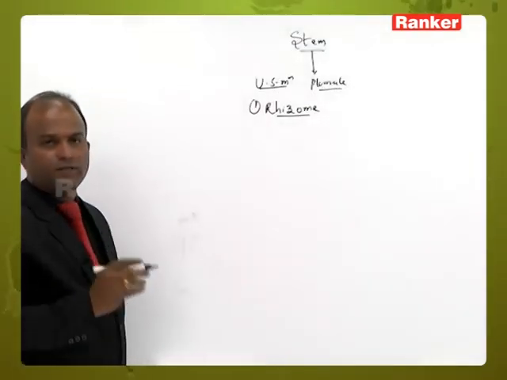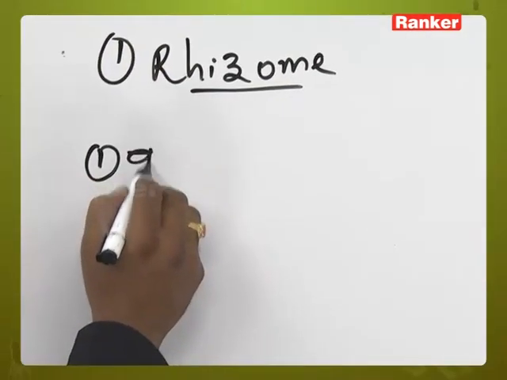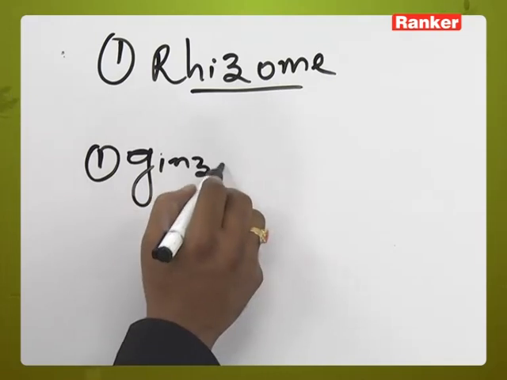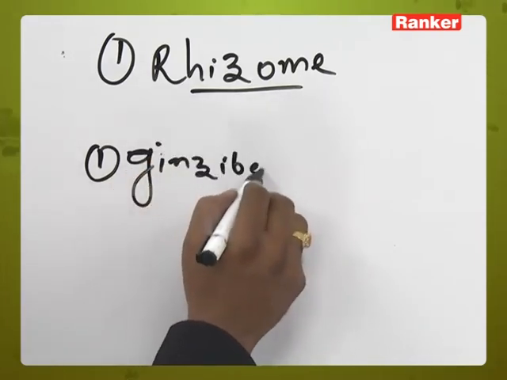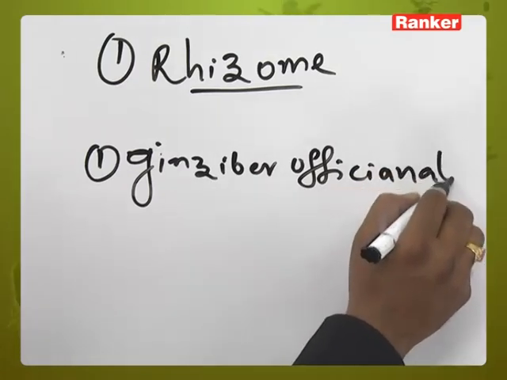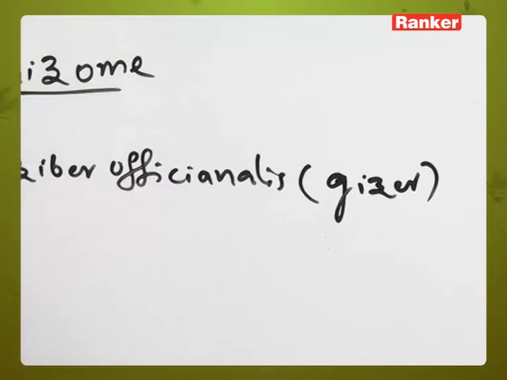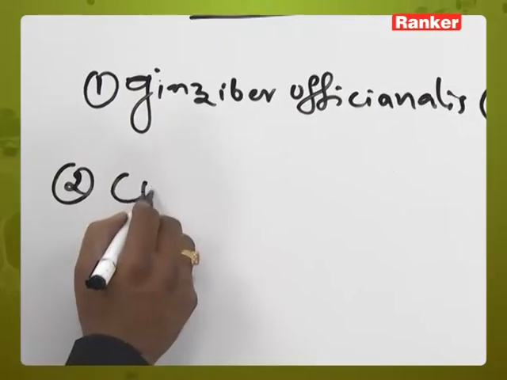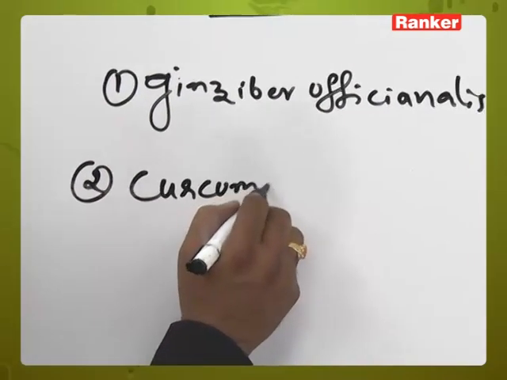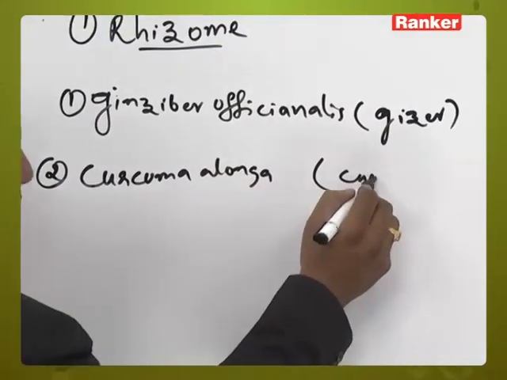What are the examples for rhizome? One is Zingiber officinale, which is ginger. Next, the second one is Curcuma longa, which is turmeric.